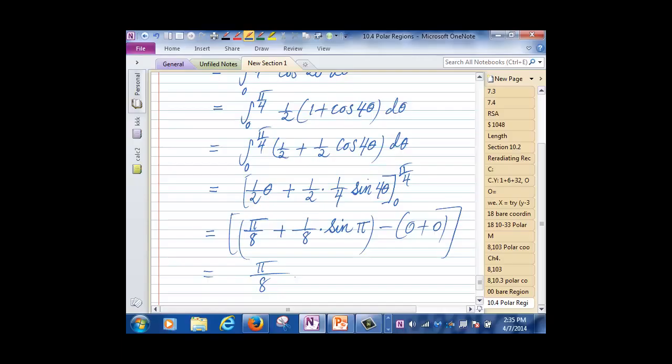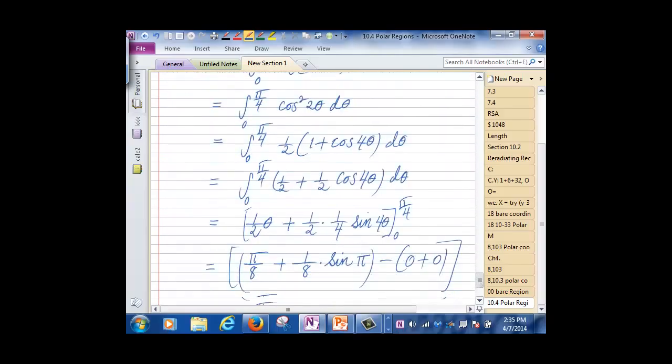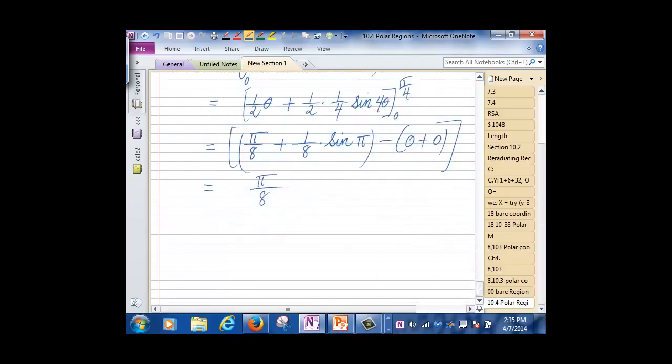However, you have to have the practice of identifying the errors. 0 to 2 pi will not always work. Okay, so that's another example on finding areas. Any questions on that? Any questions at all?